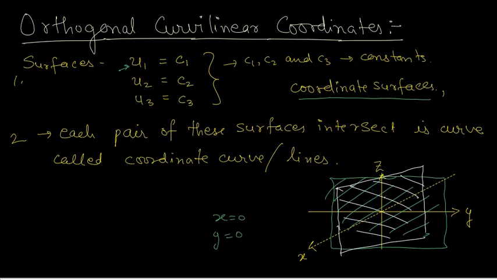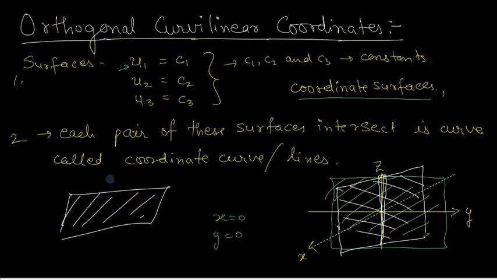So there is a yz plane and there is an xz plane. So this will intersect at a common point. So I'm saying that there is one plane over here and there is another plane, let's say like this. So it will intersect at some point. So that intersection is called a coordinate curve or a line.